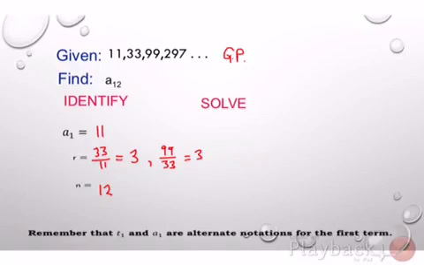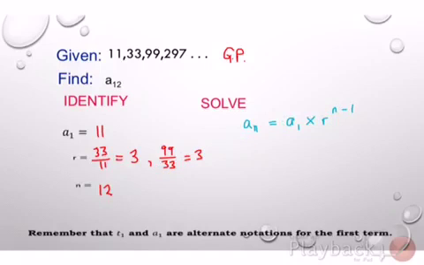Using my formula from before, I'm going to use an is equal to a1 times r to the n minus 1. So this is my formula. Do I have everything that I need? I have my a1, I have my r, and I have my n. I've already identified them over here.